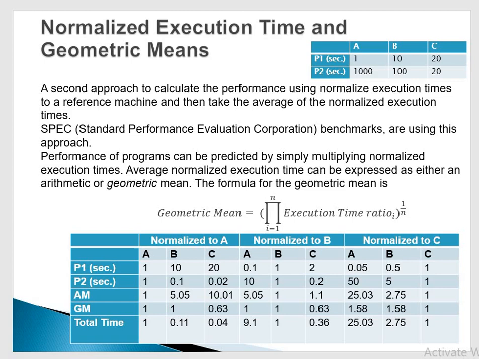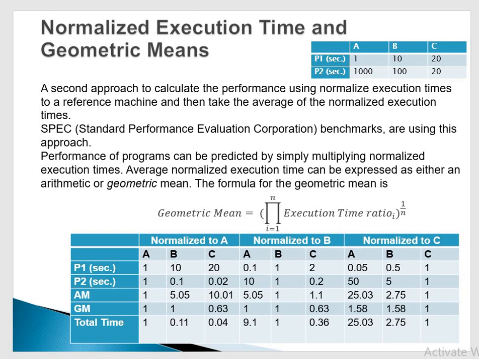So what is the normalized execution time? It is the ratio of the execution time of the unknown computer to the execution time of a reference computer.